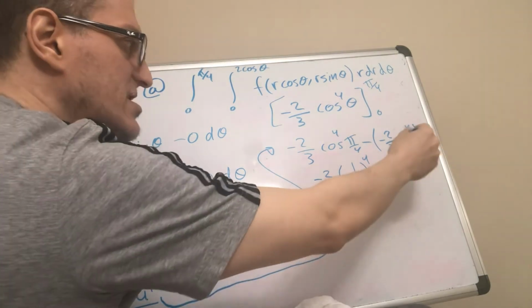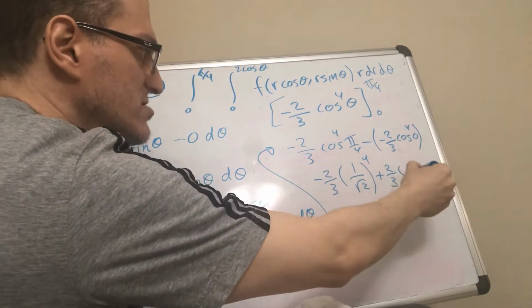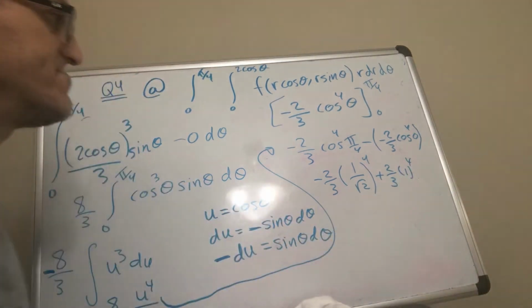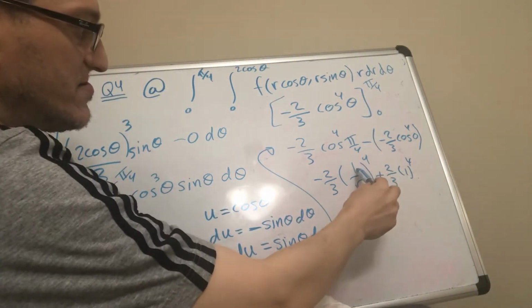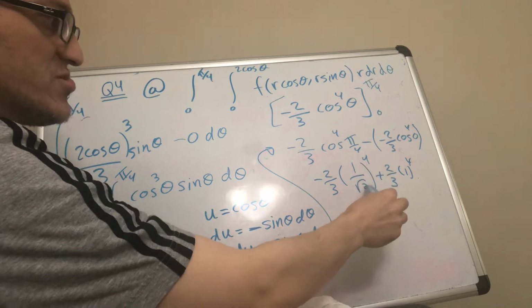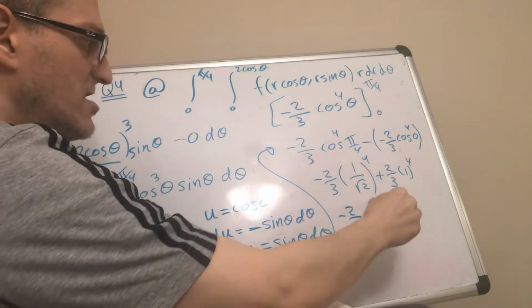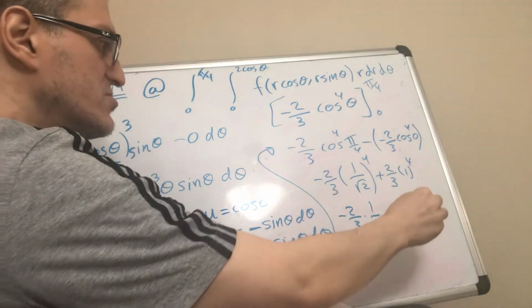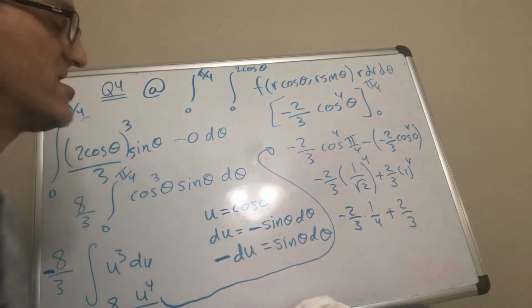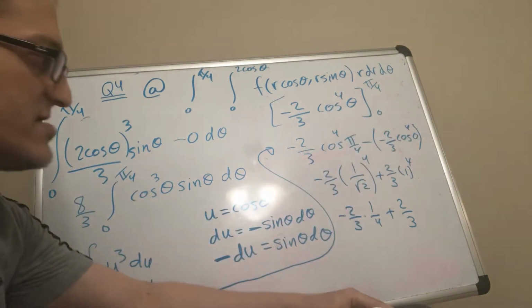Cosine 0 is 1, and 1 to any exponent is 1. Now 1 squared is 1, root 2 squared becomes 2, so to the 4th it's 4. So this times 1/4 plus 2/3.